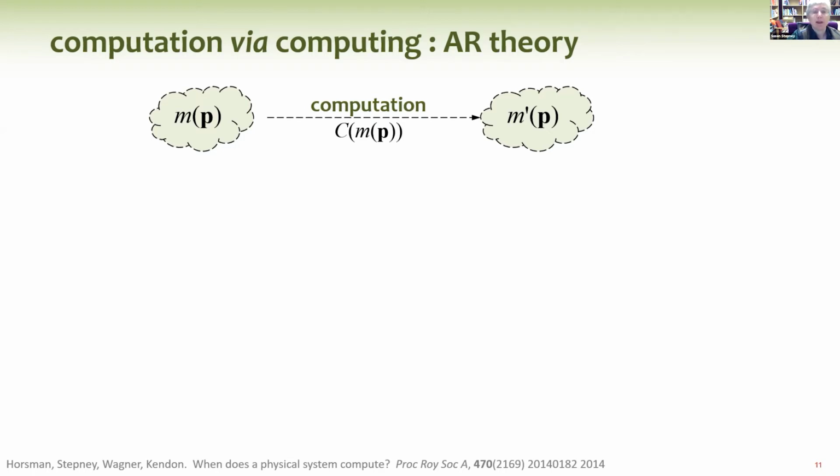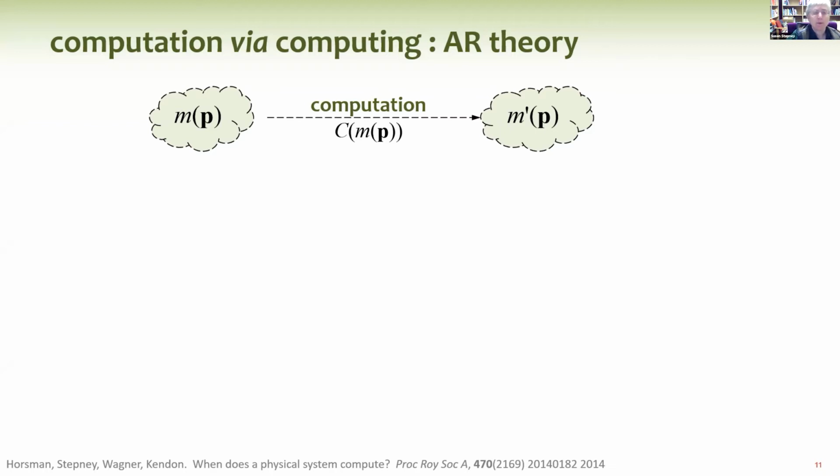We start off in the abstract domain, and we have some model of our problem, and we perform some abstract computation to get the after state or the answer to our problem. And that computation is done within the context of a computational model. In classical computing, that computational model is the Turing or von Neumann or whatever kind of classical model. Here, that computational model is that of reservoir computing, so the echo state network, recurrent neural network model.